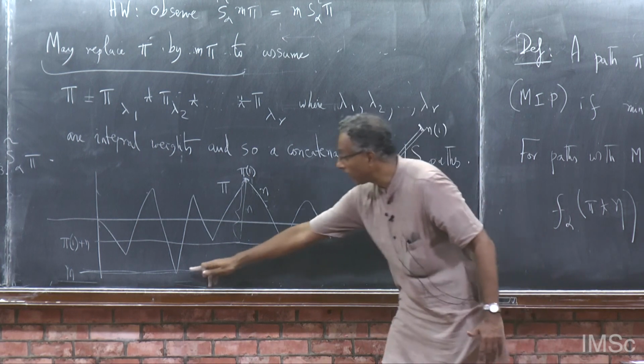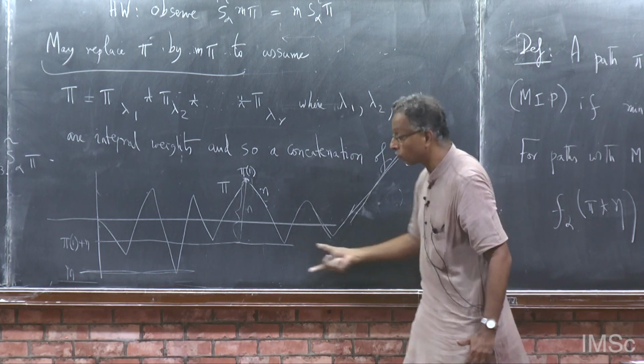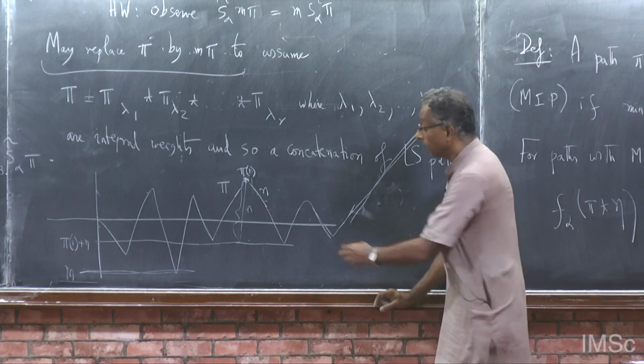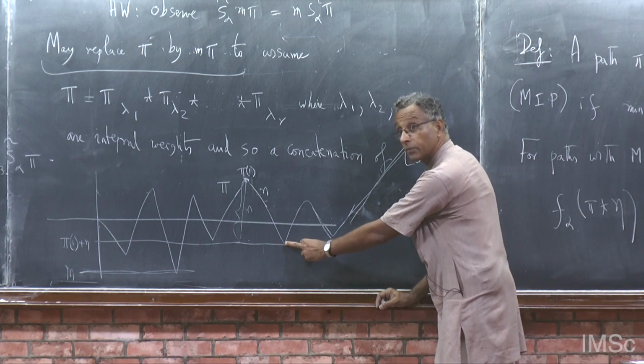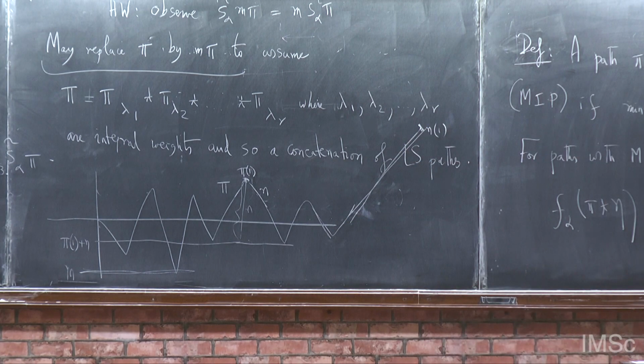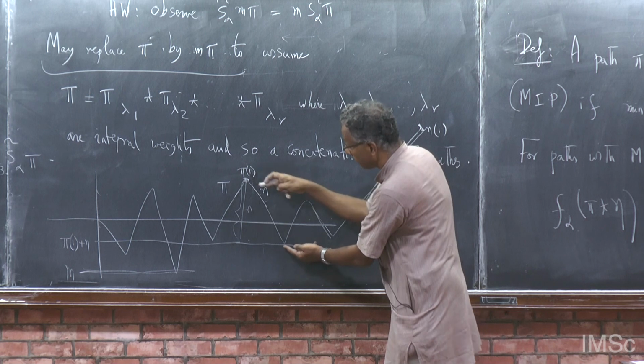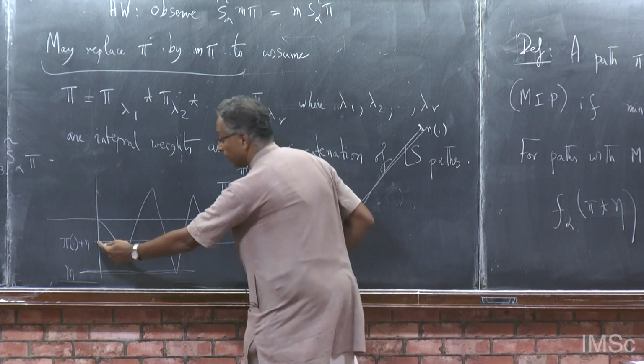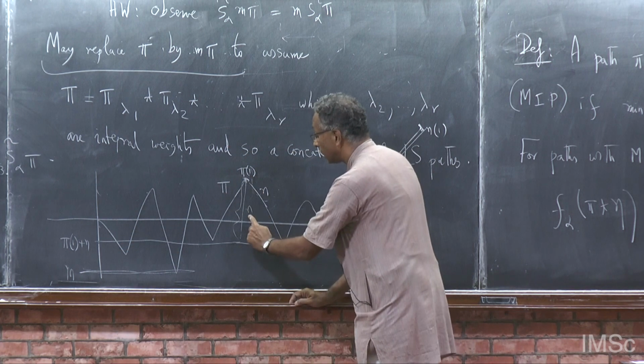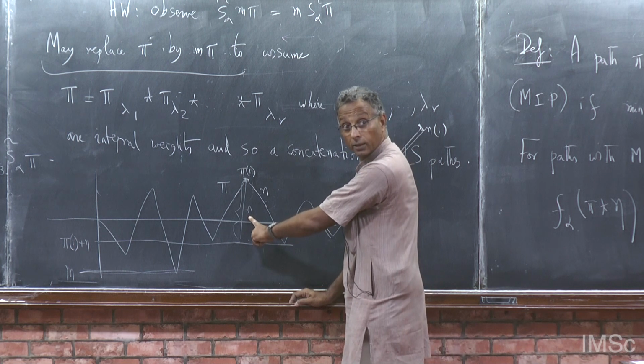Moreover, this n is an integer, and they are all ending at integral points, so pi 1 is an integer and n is an integer by assumption.